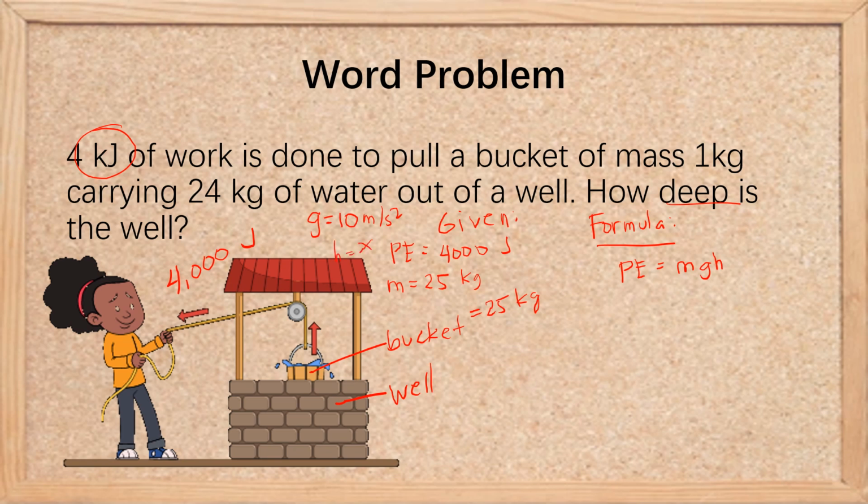So PE here is 4,000, multiplied by your mass, which is 25, by the pull of gravity, which is 10, and then the height, which is x. So 25 times 10, you will have an answer of 250. So 4,000 is 250x. So we can just divide by 250 on both sides so that we can cancel it out.